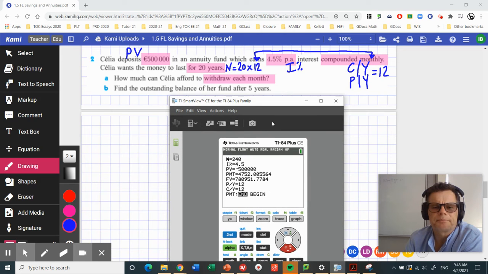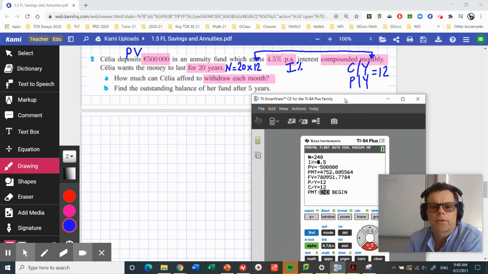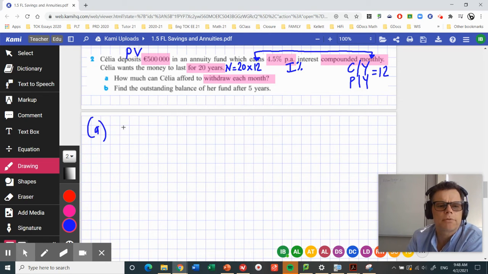So there's that. And how much to withdraw each month. Now, the missing information, which is not there, is the future value. So what does the future value? I've got to put that in to find these monthly payments. Well, she wants it to last for 20 years.